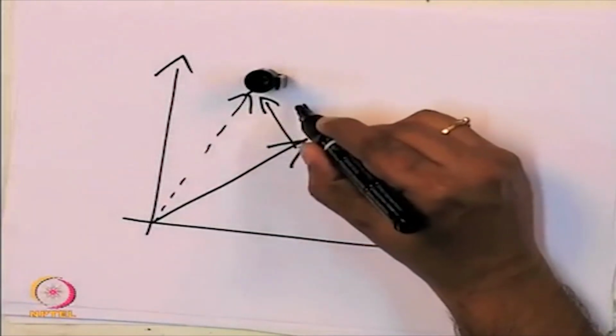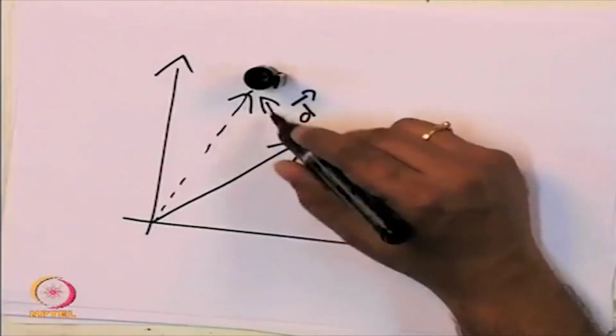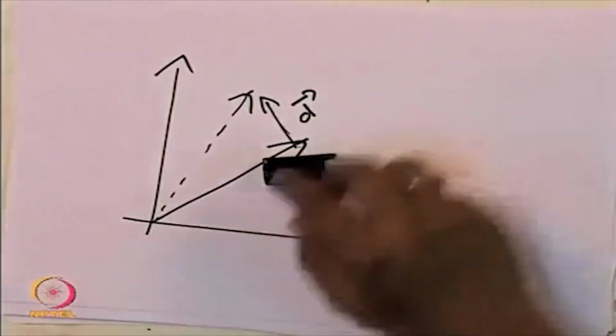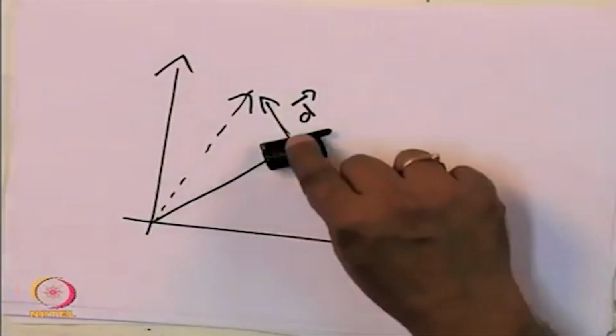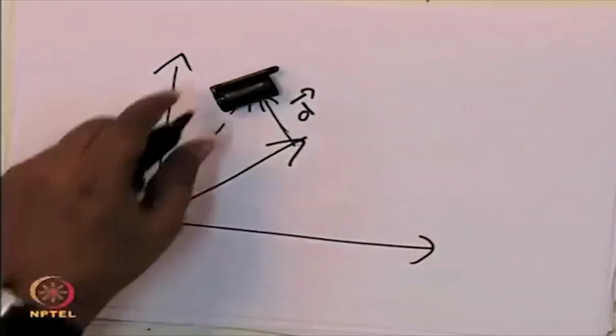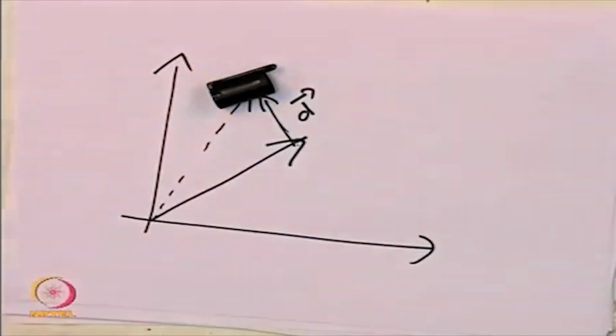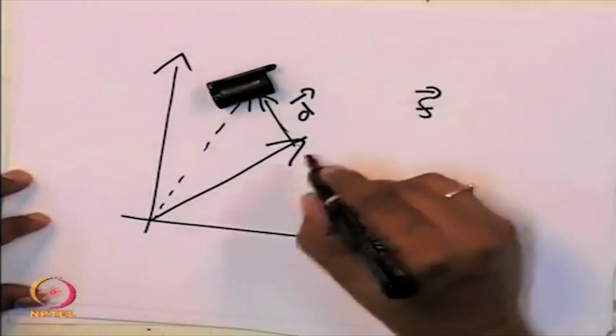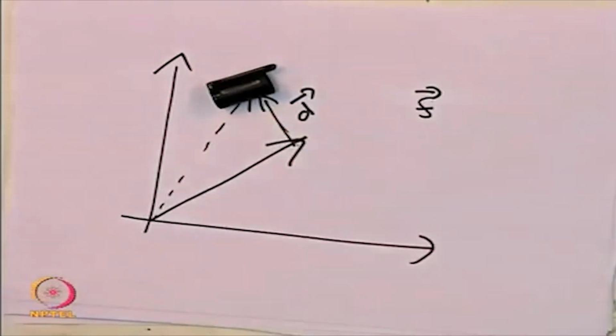This distance d is a vector. It moved in a particular direction, from here to here. When this moved, I applied a force F such that it moved in this particular direction.